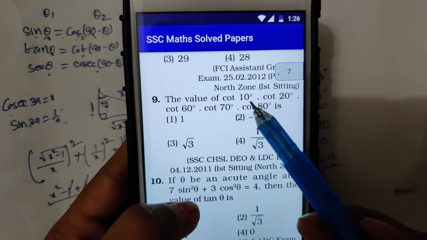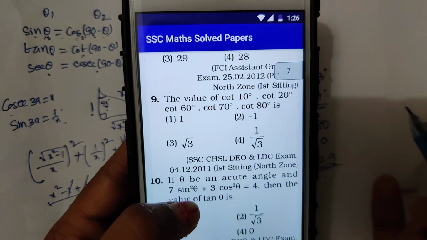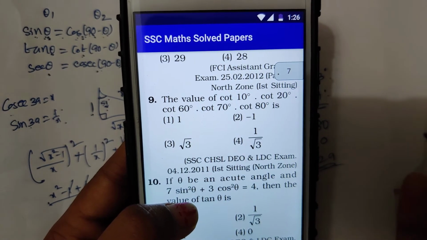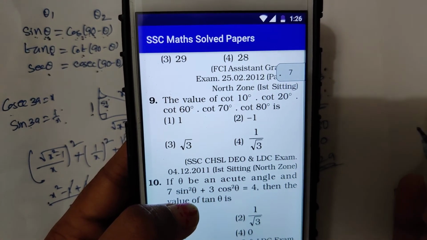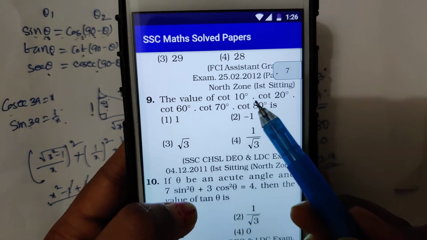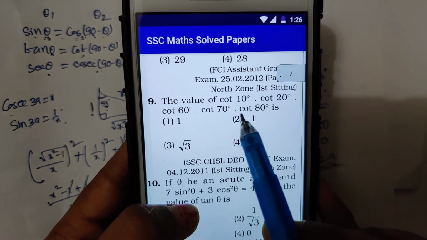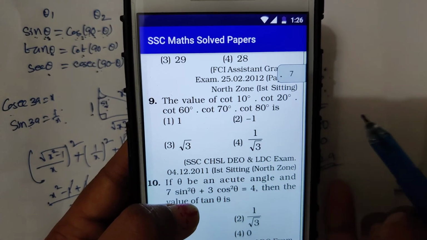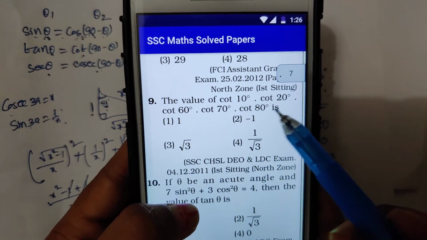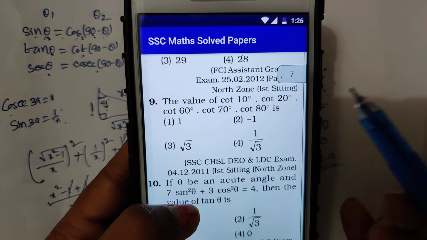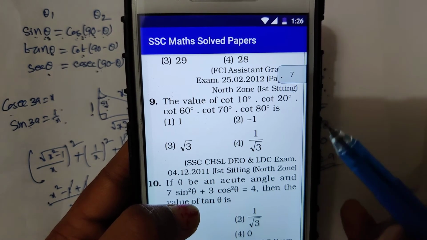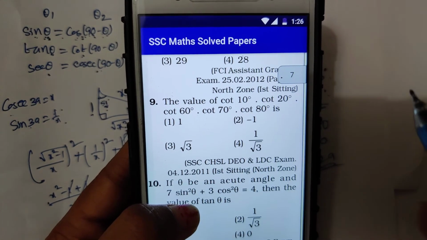Right. Next, going to 9th question. As I already told, cot theta 1 into cot theta 2 is equals to 1 if theta 1 plus theta 2 is 90 degrees. Whenever the question is like multiplication is given, you have to search for sum of two trigonometric functions should be 90 degrees.